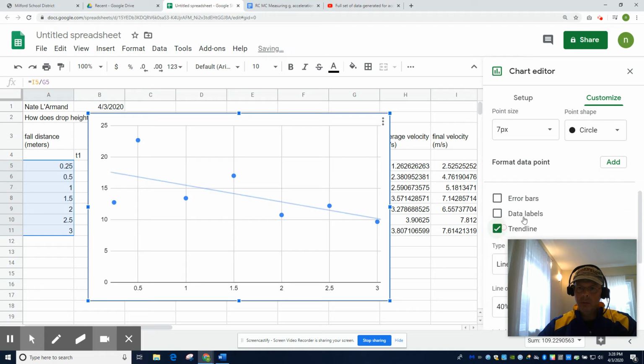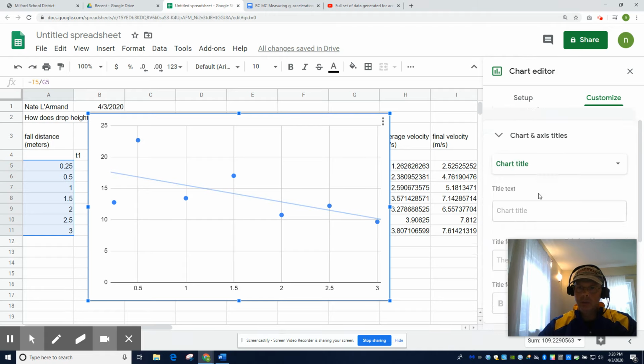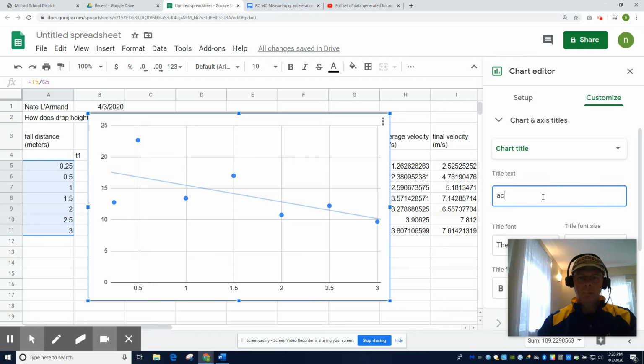Let's do a trend line and let's get some labels on these axes. This is acceleration. Oh boy. Acceleration as a function of drop distance.